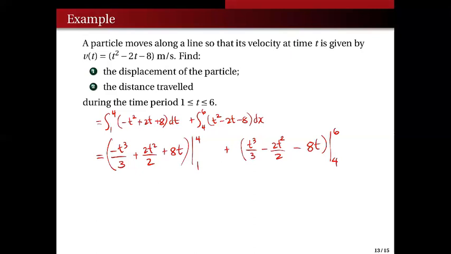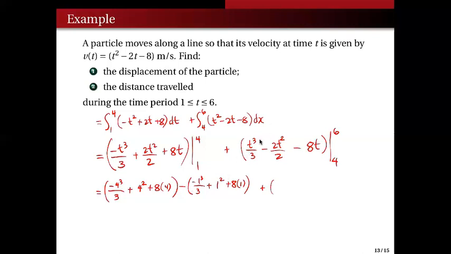So let's finish this. You have negative 4 cubed over 3 plus 4 squared plus 8 times 4, minus, you have negative 1 cubed over 3 plus 1 squared plus 8 times 1. So this guy here, it's just for this part. Then for this guy, plus the quantity.